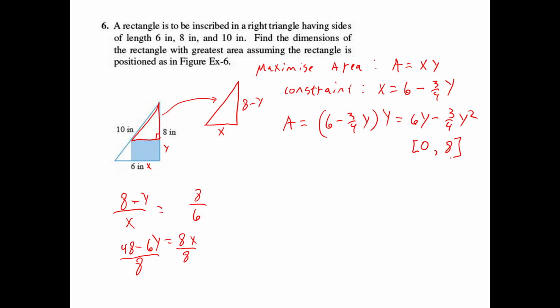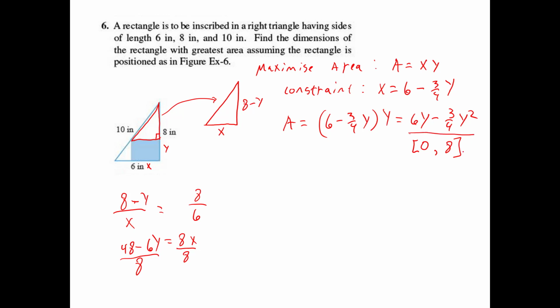But that's okay, because now you know what it is at the endpoints, and so then you can tell that your absolute max and your absolute min won't happen at the endpoints. They have to happen at some point inside the interval. Okay, so now that we're there, we have a continuous function.